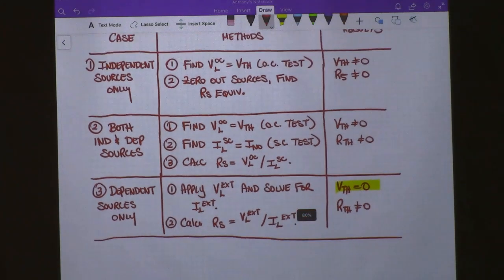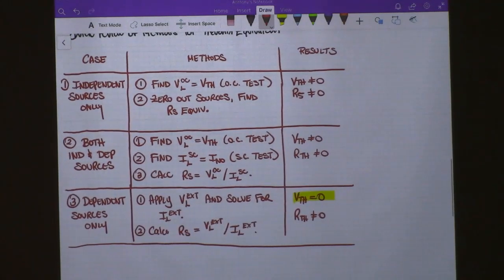So that table summarizes pretty much all of Chapter 5, or at least what we've done so far of Chapter 5. I think we're at the end, but I'm not 100% sure. You have 3 different cases that you're looking at. Unlike the mesh and nodal analysis, the current versus voltage source thing doesn't really make much of a difference. It's independent, dependent, or both.